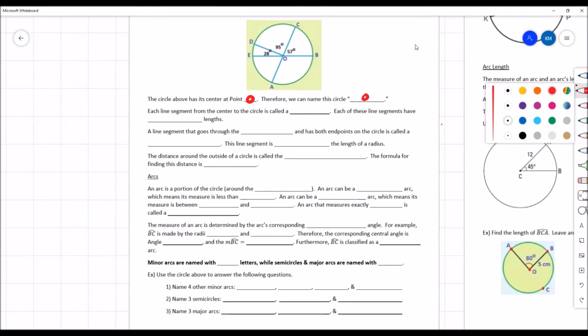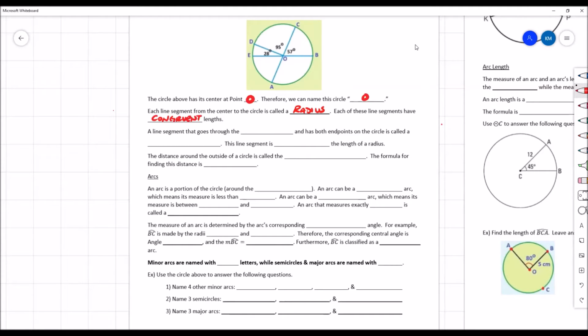Each line segment from the center to the circle is called a radius, and each of these line segments have congruent lengths. So all radii in a circle are the same length, they're congruent. A line segment that goes through the center and has both endpoints on the circle is called a diameter.